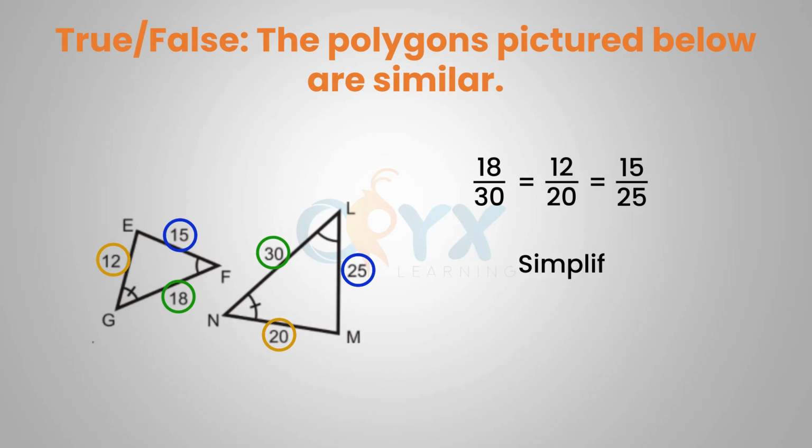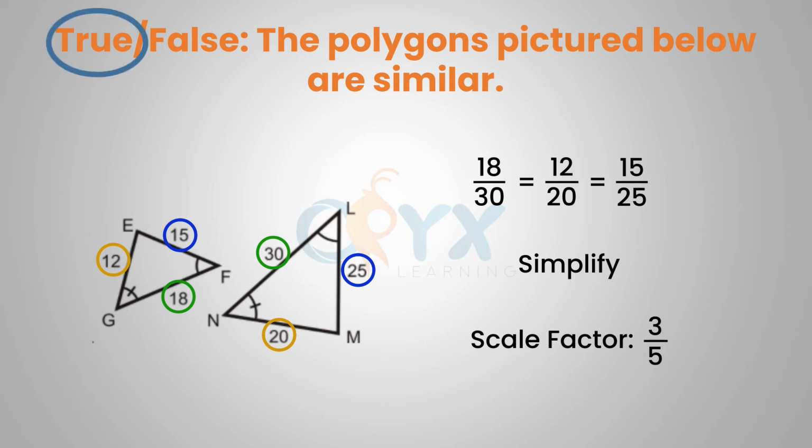If we simplify, 18 over 30, 12 over 20, and 15 over 25 all simplify to 3 over 5. So they have a scale factor of 3 over 5. This means that the polygons are similar, so it is a true statement.